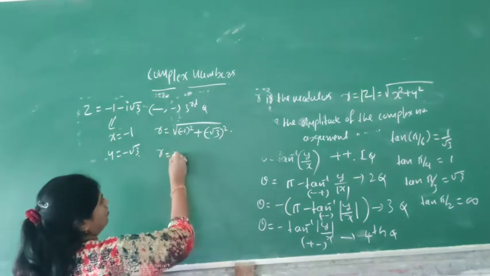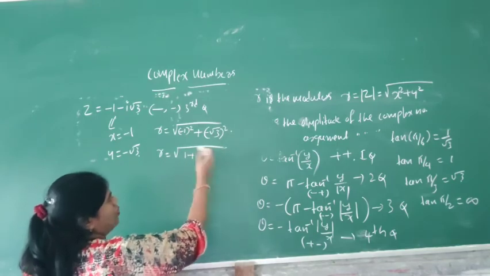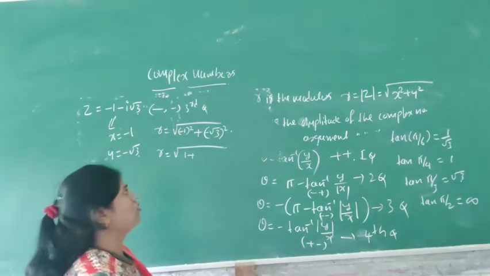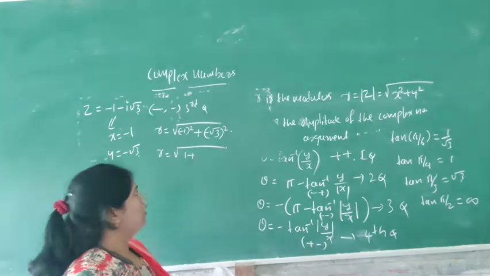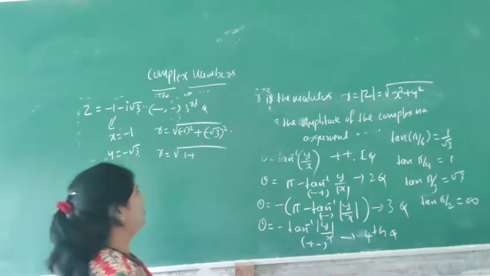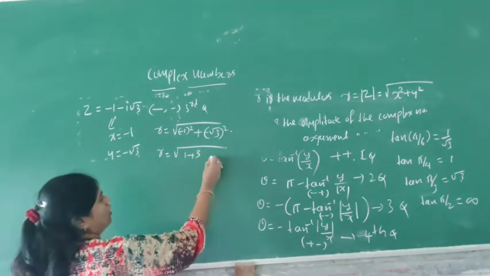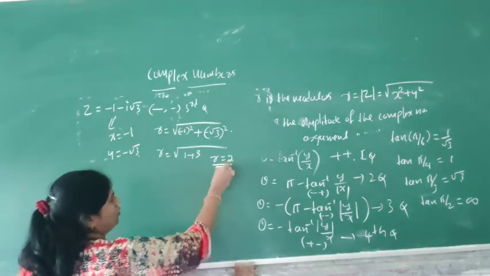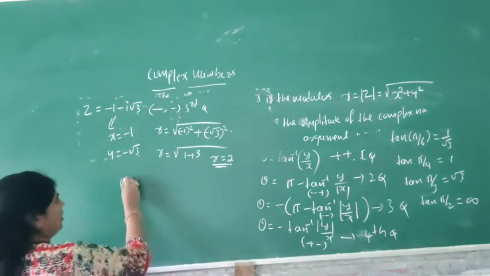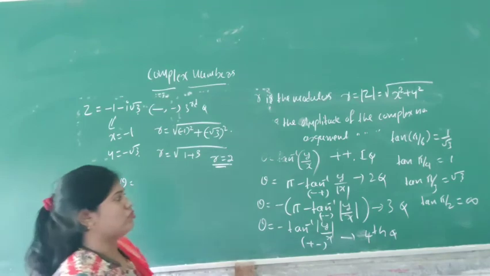So r is equal to the square root of 1 plus, minus root 3 into minus root 3, which is plus root 9. The square root of 9 is 3. So r is equal to 2. So the theta formula, the third quadrant formula, we have to substitute.